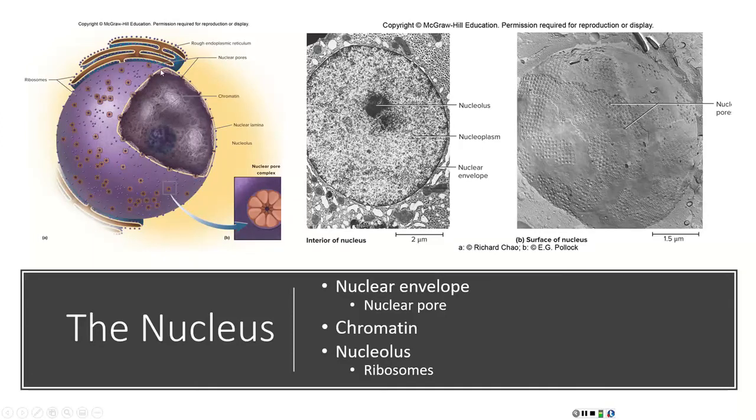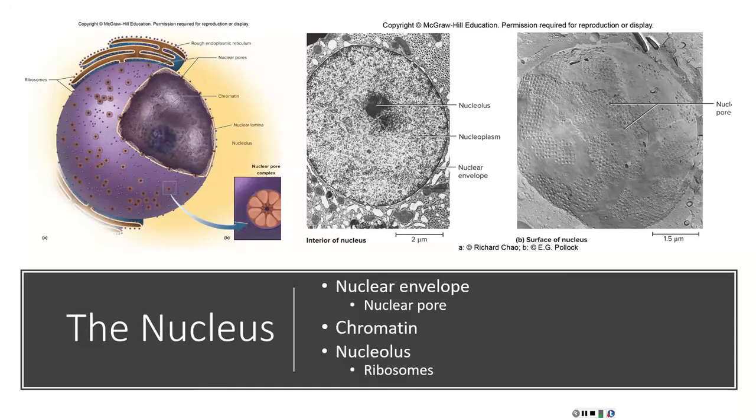And the edge of the nucleus, this purple area here, is called the nuclear envelope. Sometimes it's called the nuclear membrane. Now, the nuclear envelope is a double layer membrane. It's a phospholipid bilayer, just like the cell membrane, the plasma membrane.